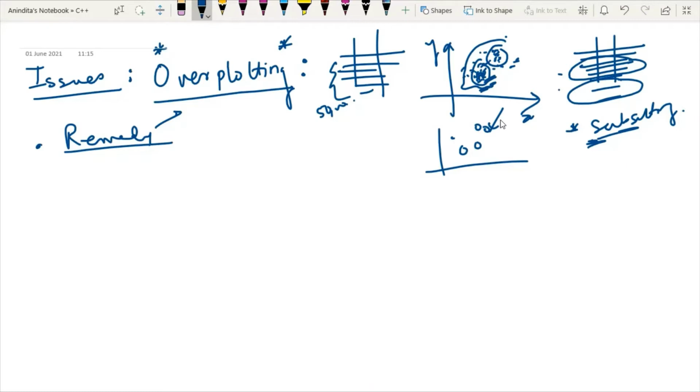And the third remedy: if all these remedies do not work, then the only option is to change the chart pattern. At this point, we can use a histogram or we can use heat maps. Try to understand, whenever we are using a scatter plot, there are lots of problems that may occur.